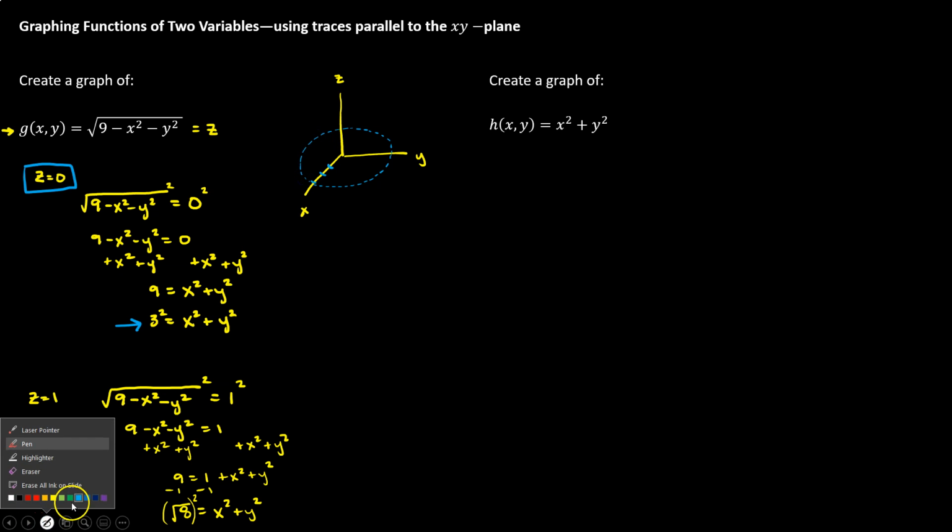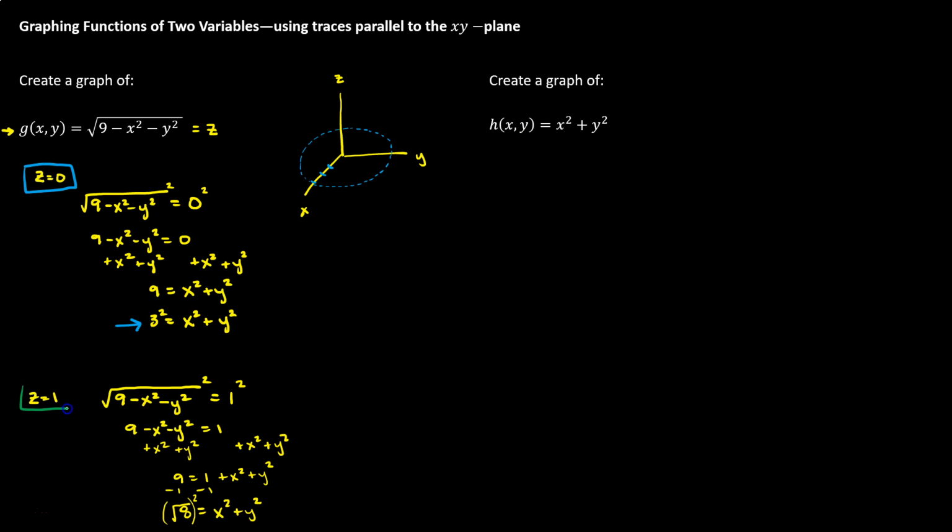Then we shifted up and we moved into the z equals 1 plane. And in this case, we found a circle centered at the origin with a radius of root 8, which we discussed was slightly smaller than 3. So if I were to pick this to be z equals 1, I'm basically going to draw another circle that's just slightly smaller than the blue one.